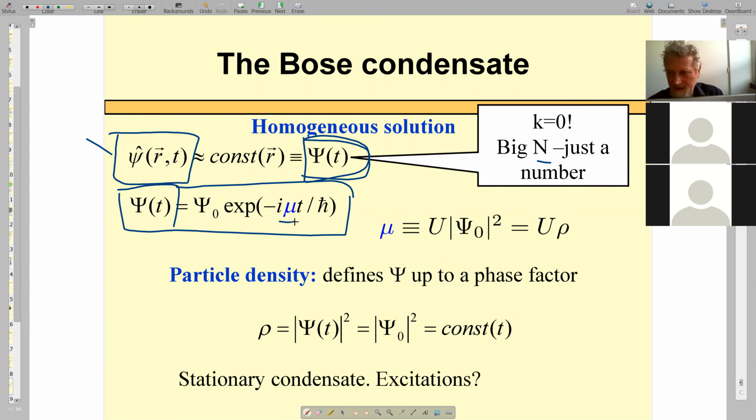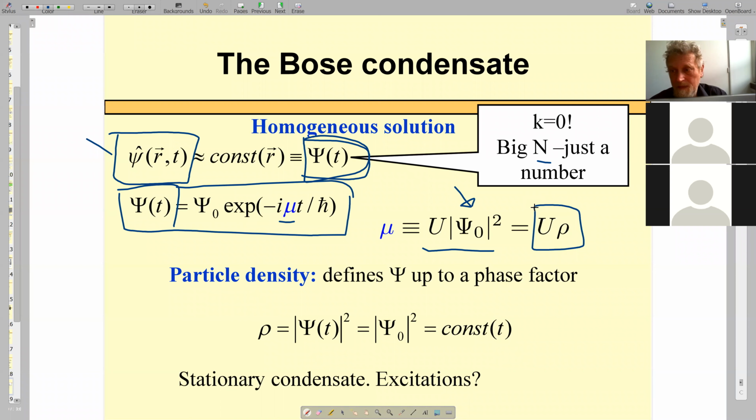Energy comes from interaction. It contains the interaction constant, and this is again the amplitude of the condensate squared. But it's also the density of particles. So the modulus of this amplitude squared is eventually the density of particles. All right, then this expression makes sense.